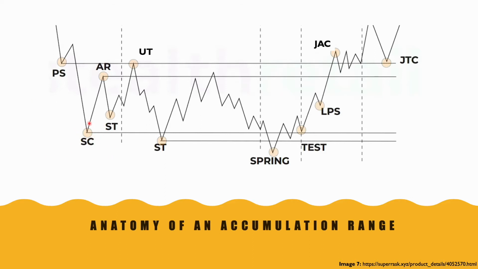First is the selling climax, automatic rally, upthrust, secondary test, and the jump across the creek, or a sign of strength. Now I will explain each key point in simple words, and you will refer to your PDFs for more extensive explanations.